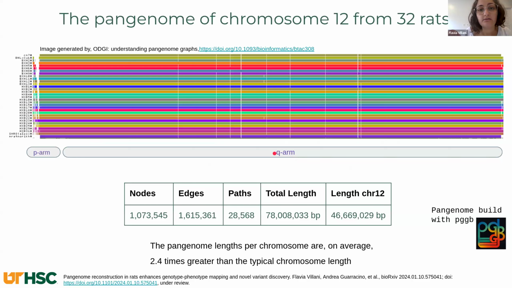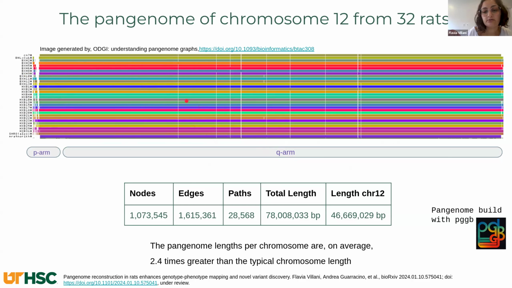Here, I'm using PGGB to build pangenomes for all chromosomes. I'm showing only one chromosome, chromosome 12. You can see that each different line corresponds to a different sample. On the top, you can see the reference genome, and the vertical lines correspond to variations.